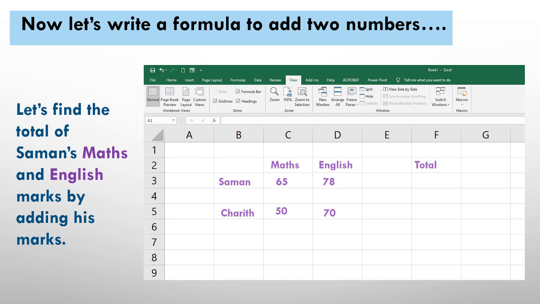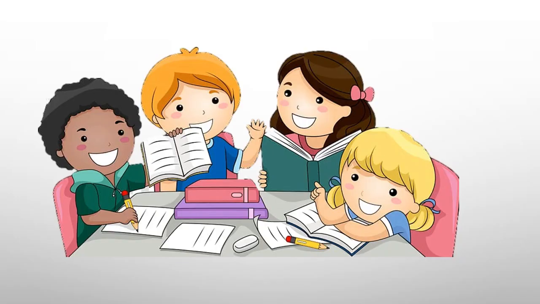Before entering this part, I would like to summarize the upper part. Now my dear children, as you know, we are using Microsoft Excel spreadsheets to do the calculations. The main calculations that we can do on a spreadsheet are addition, subtraction, multiplication and division.